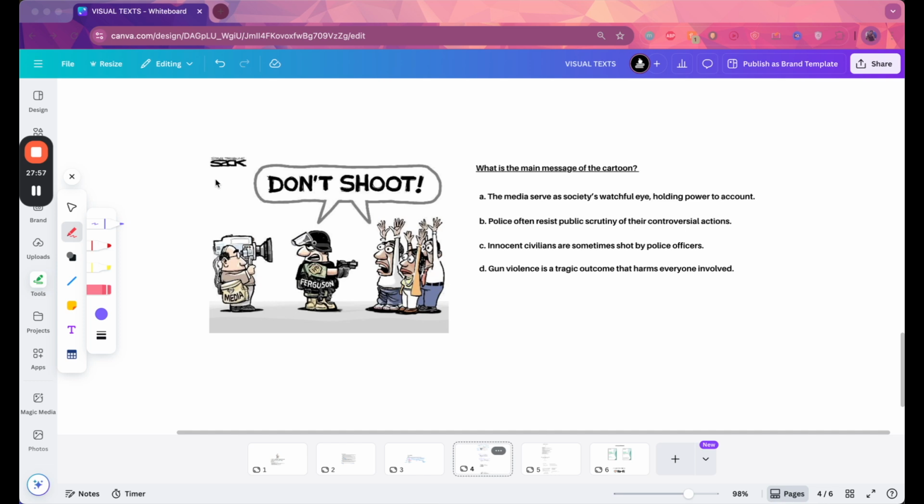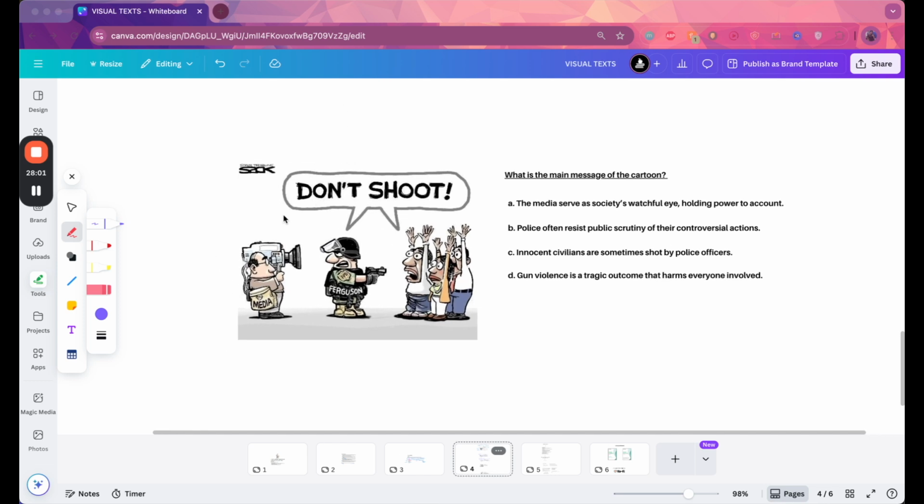All right, moving on to the next question. So we have this cartoon. It says "Don't shoot," and the soldier is talking to the media saying "Don't shoot," and the people there are saying "Don't shoot" as well, but they mean two different things. So the issue here is media slash police violence.